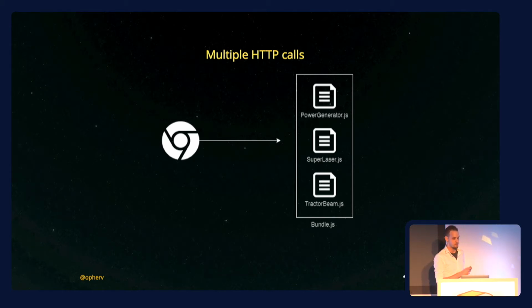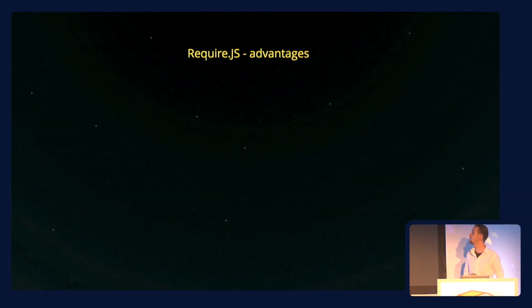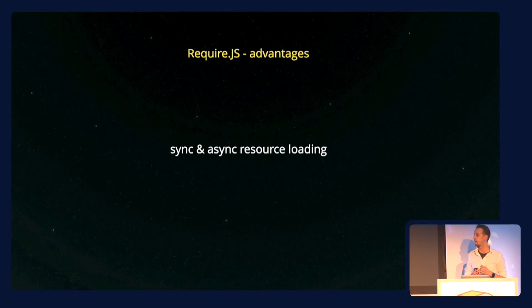OK, so Require.js has some advantages. First, you can use it in an asynchronous manner, like I showed you earlier, and also in a synchronous manner with a tool called the RJS optimizer, which takes all of your files and creates a bundle like you just saw.